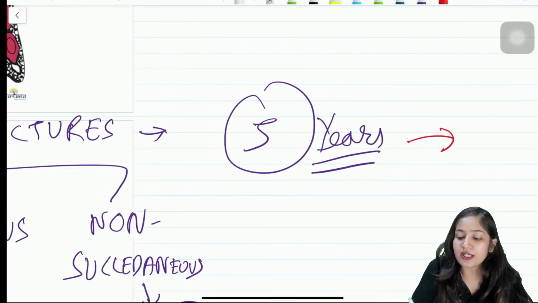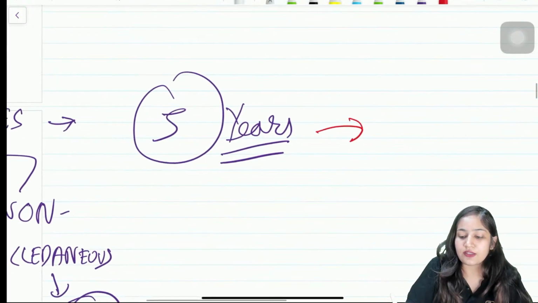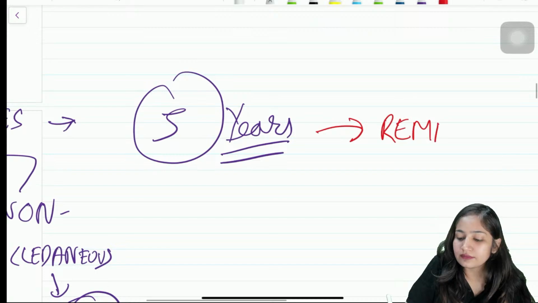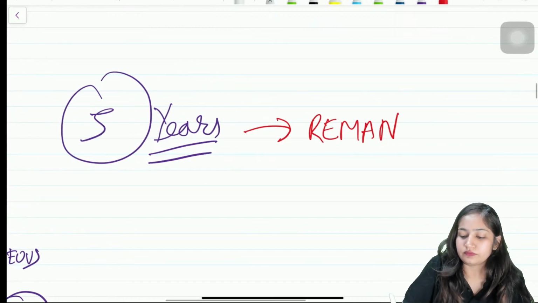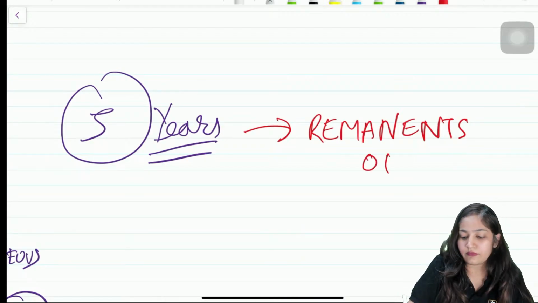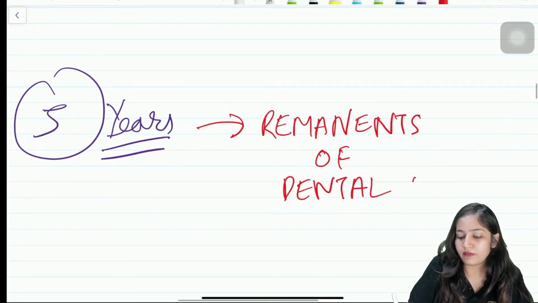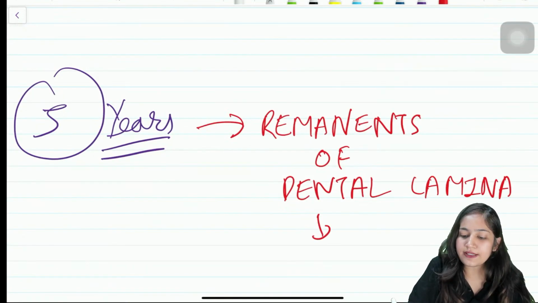During degeneration, some remnants of the dental lamina will be left behind. The remnants of dental lamina are known as cell rests of Serre.